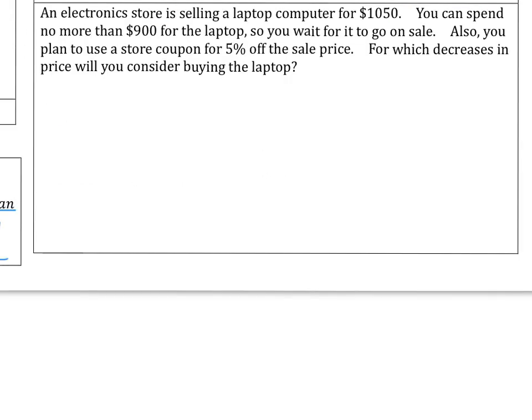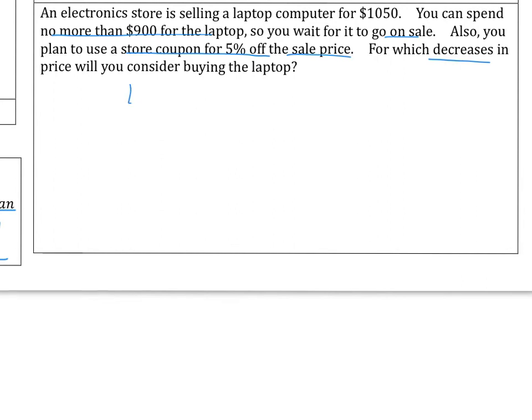An electronics store is selling a laptop computer for $1,050. You can spend no more than $900 for the laptop, so you wait for it to go on sale. Also, you plan to use a store coupon for 5% off the sale price. For which decreases in price will you consider buying the laptop?